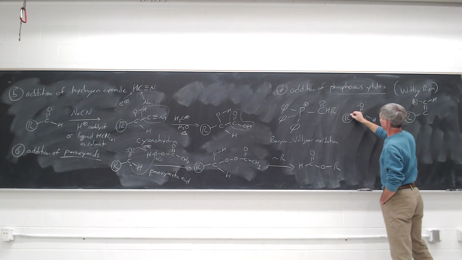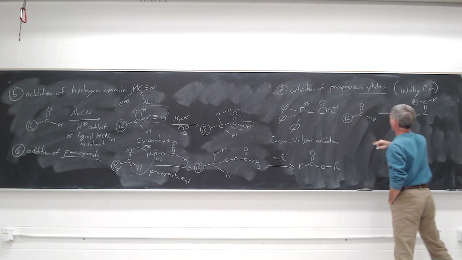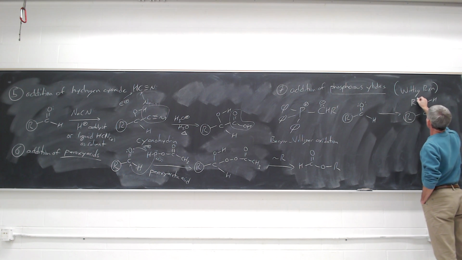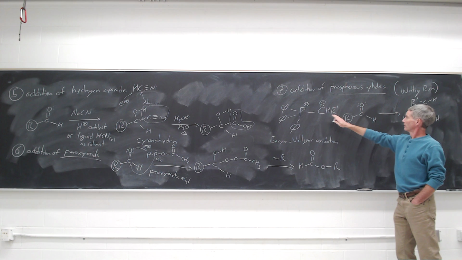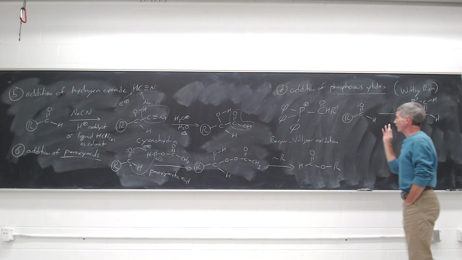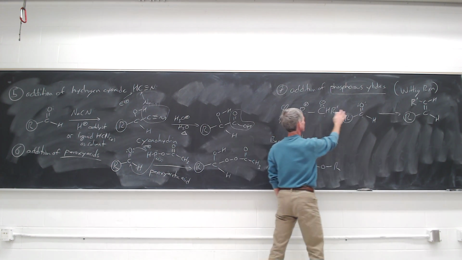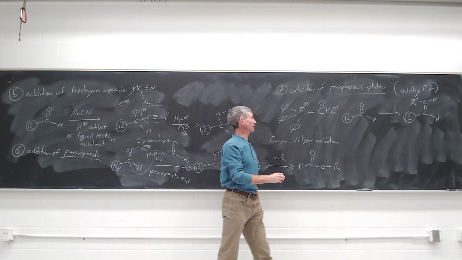So I should be using R prime for this. Sorry, R prime for this. We already have an R group. So we've actually created a new carbon-carbon double bond between the carbon from the phosphorus ylide and the carbonyl. But initially, what will happen is the positively charged phosphorus will be added to the oxygen, and the negatively charged carbon will be added to the carbonyl carbon.